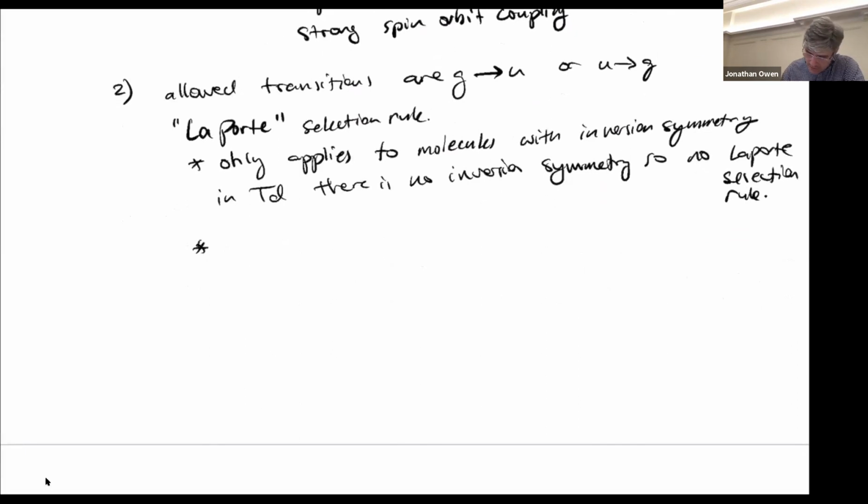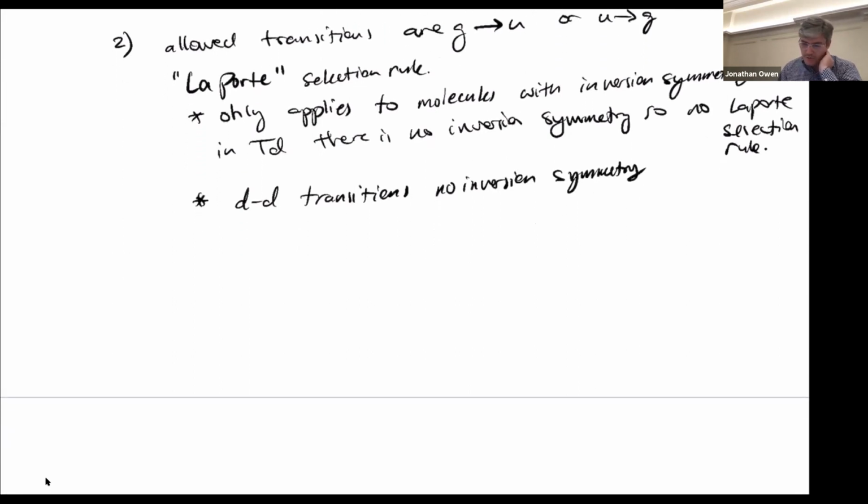Now, D to D transitions, are they ever G to U or U to G? There's no inversion symmetry. Okay, so D to D transitions are forbidden according to the Laporte selection rule.